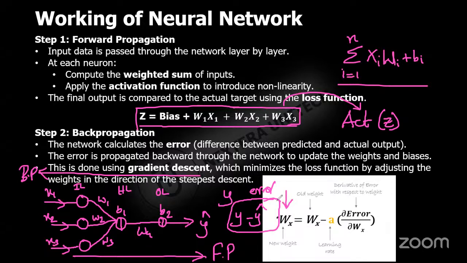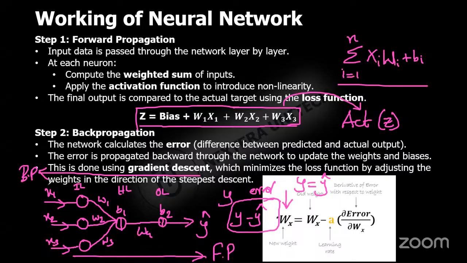When the predicted value y hat is my actual value y, only then can I say the loss is 0. So in order to minimize this loss, the model starts backpropagating.